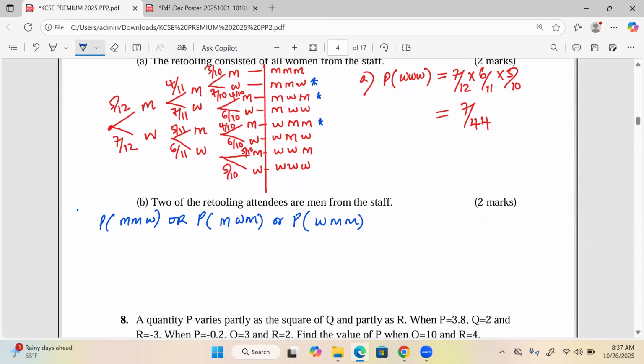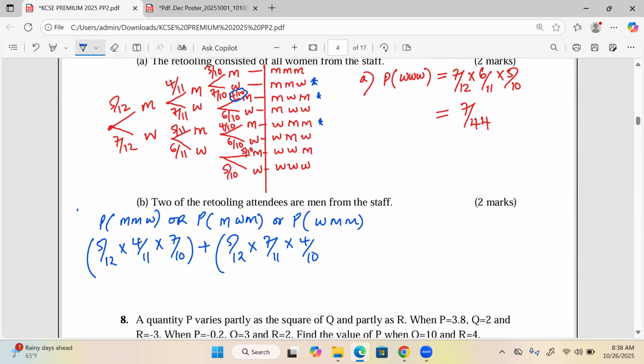So in the first case, we need a probability of 5/12 by 4/11, then woman, which is 7/10. Or, in probability, or means addition: man, 5/12, woman, 7/11, then man once again, 4/10.